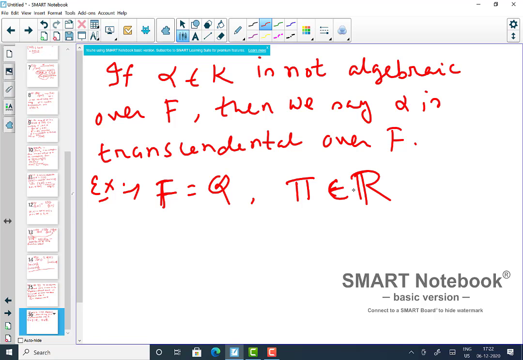Now you see that, obviously, this is not a simple proof. This is a very difficult proof, and I'm not going to give it. Pi does not satisfy any such polynomial.